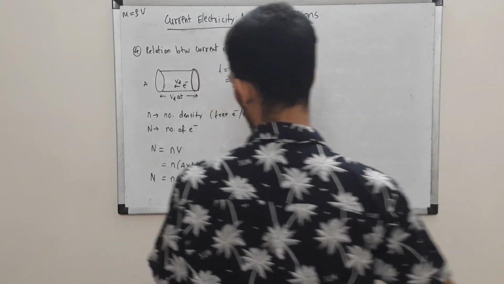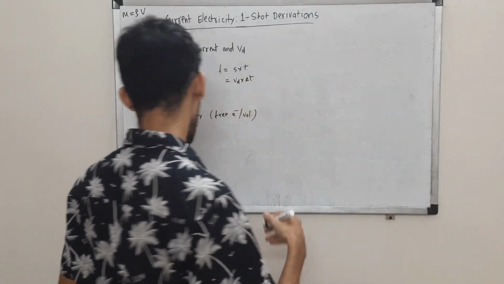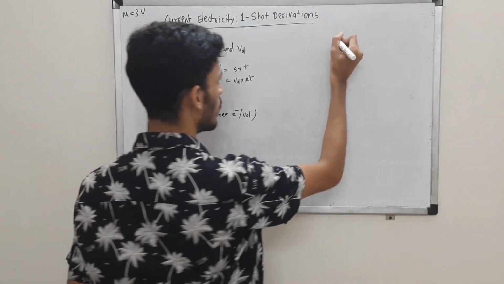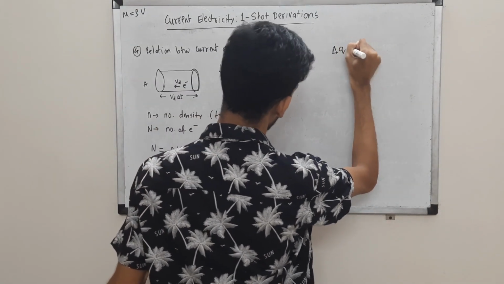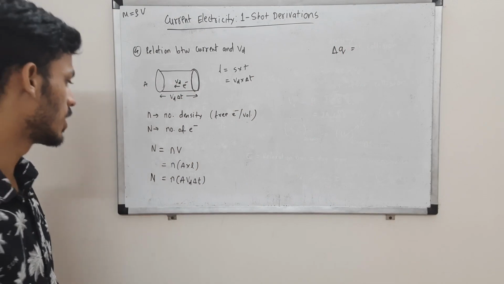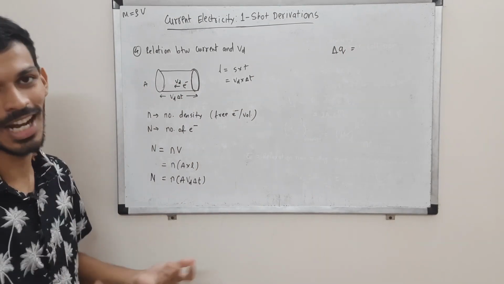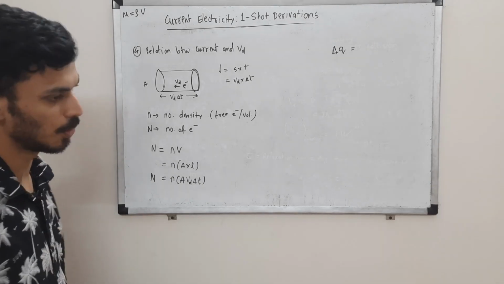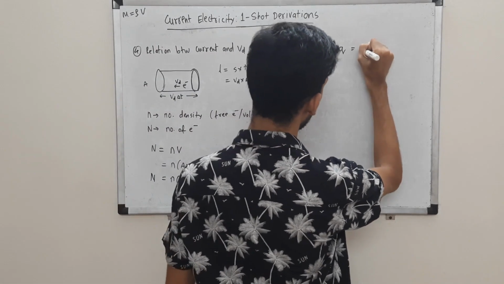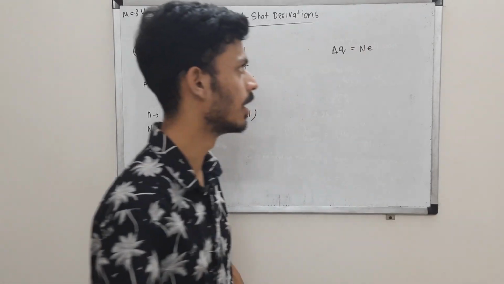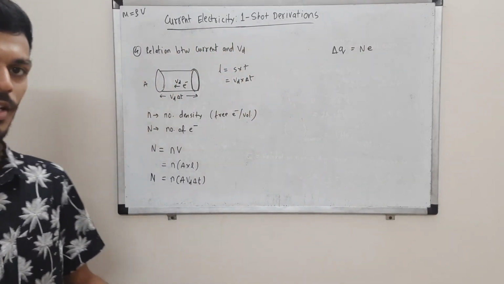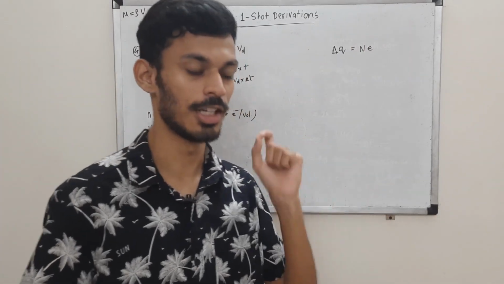Now let us come back, and now we have to go to the current. So we can find the amount of charge now. We know the number of free charges, so we can find the charge due to them. Delta Q can be found out easily, which is basically N into e, the number of free charges times the intrinsic value of charge, the smallest charge.